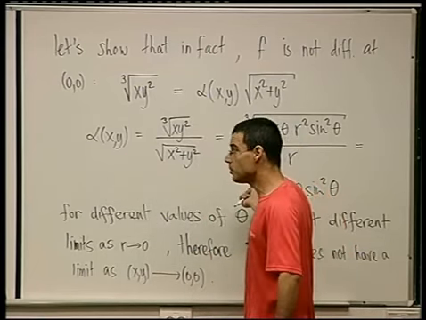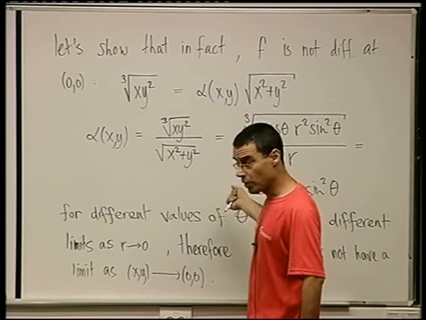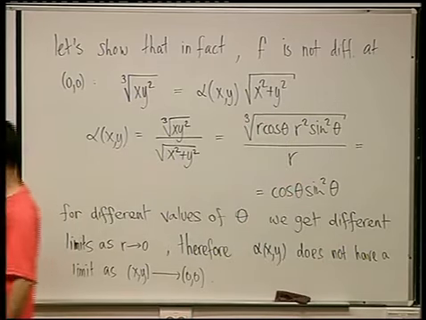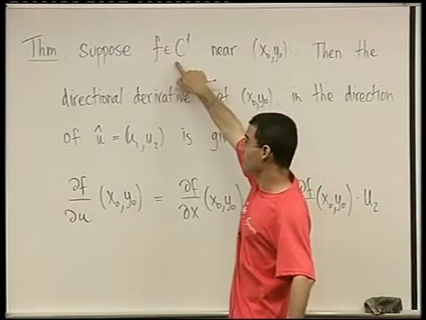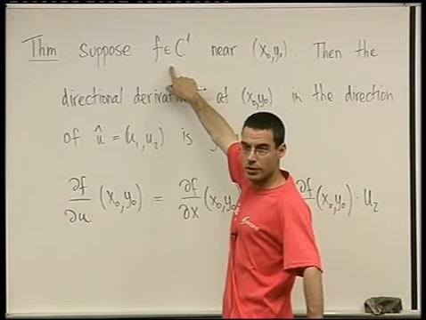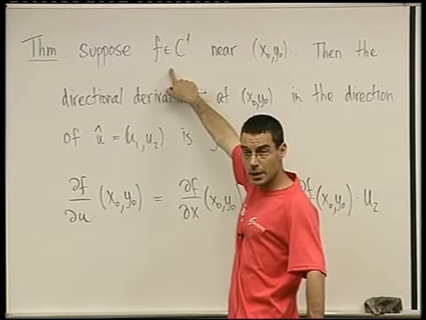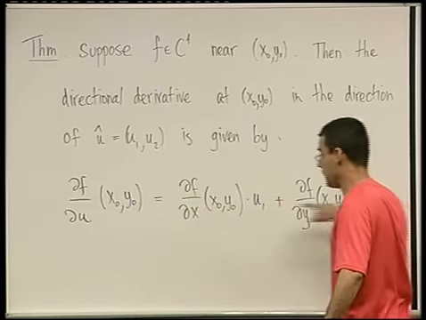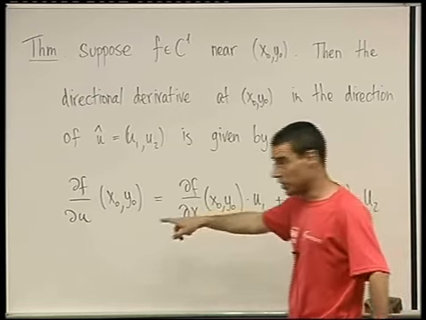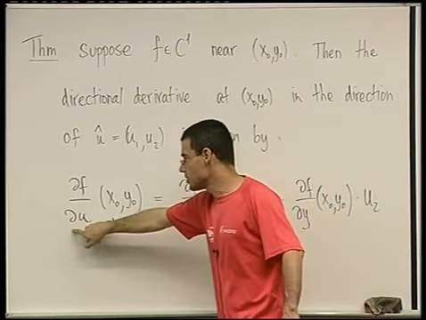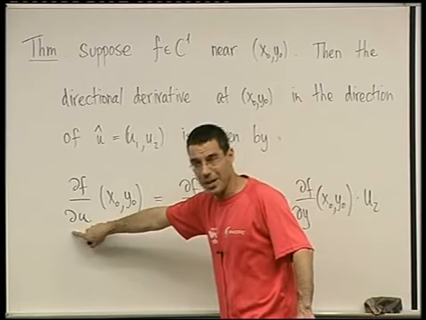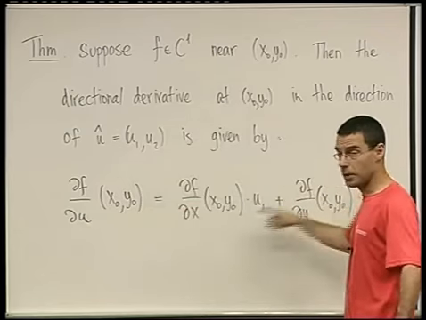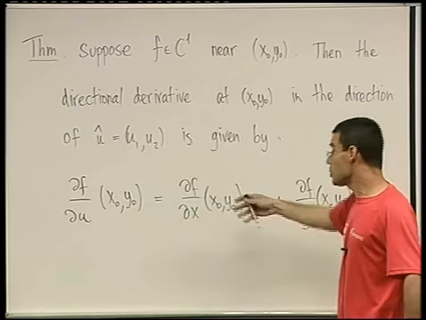So it's not differentiable at the origin. Therefore, it doesn't satisfy this theorem, which started with the requirement of being C1 or differentiable. Okay? So it doesn't satisfy this identity, which allows us, for differentiable functions, to evaluate the directional derivative just using the partials. And that's usually going to be very useful.